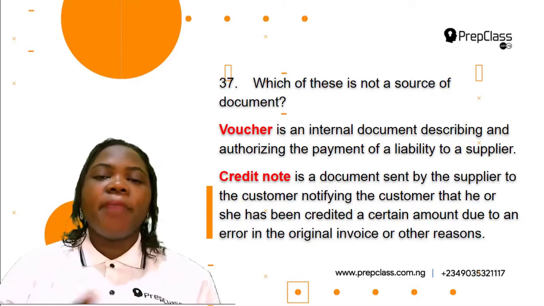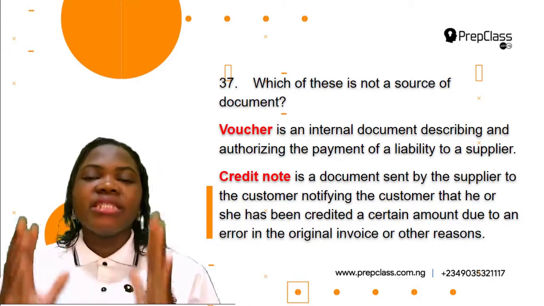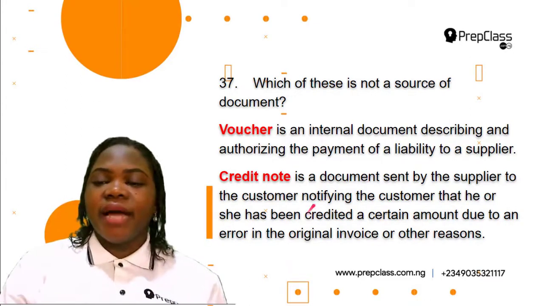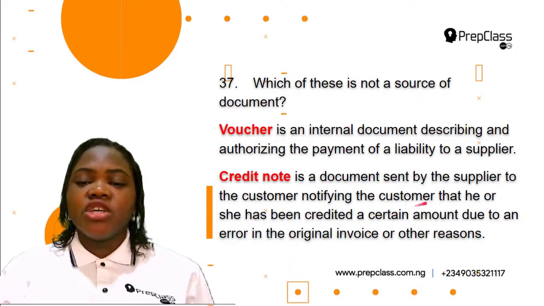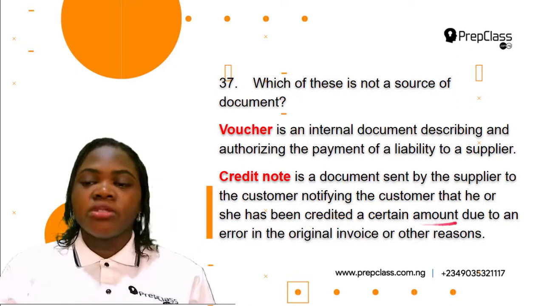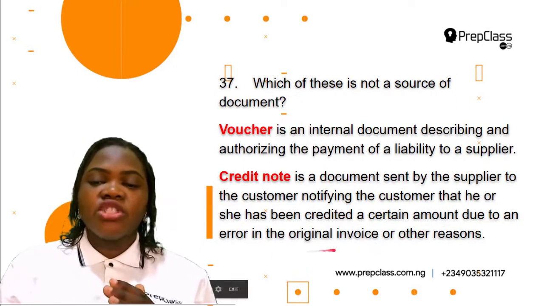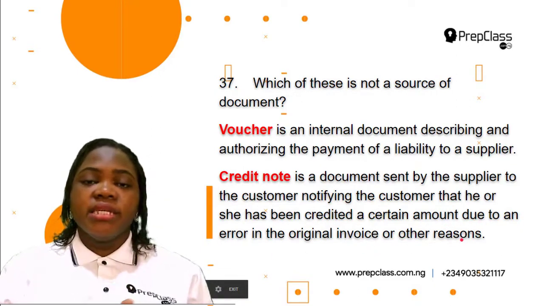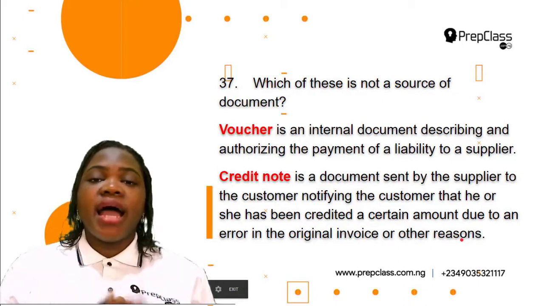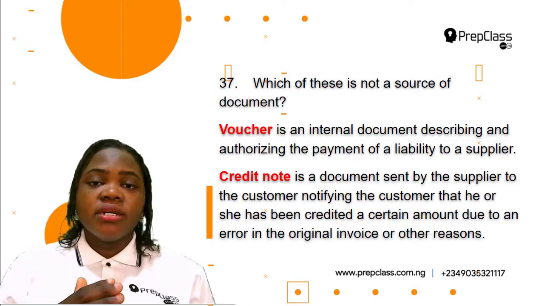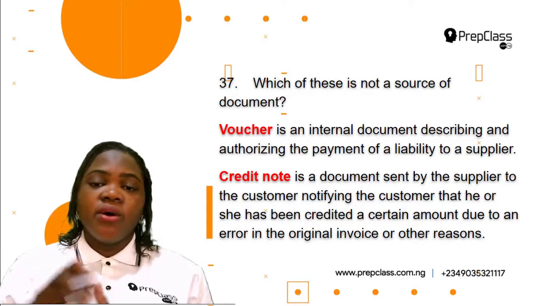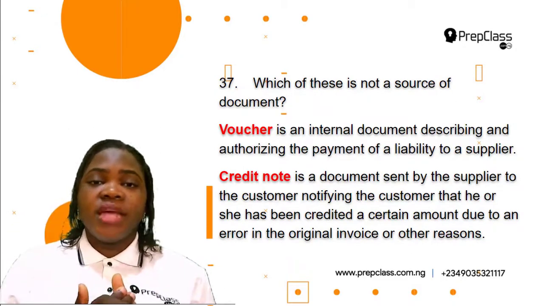Okay, so what about credit note? A credit note is a document sent by the supplier to the customer notifying the customer that he or she has been credited a certain amount due to an error in the original invoice or other reasons. So perhaps a customer asked for some goods or services and there was an error in the invoice that was sent, or some of the goods were damaged.